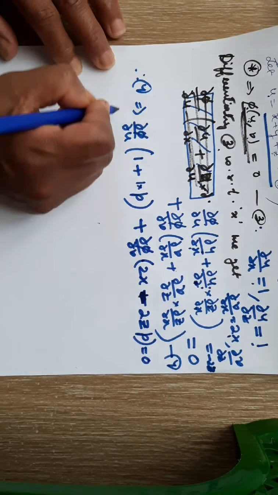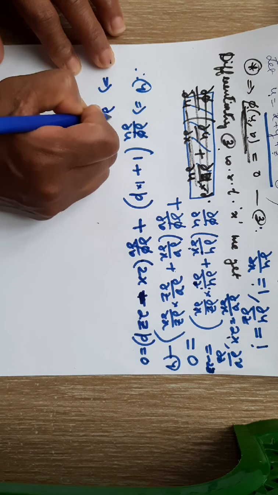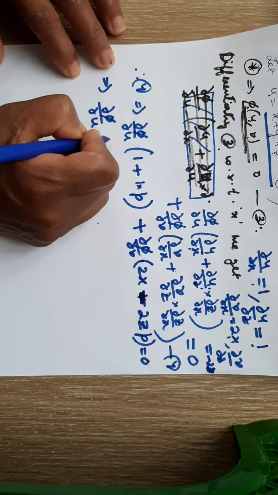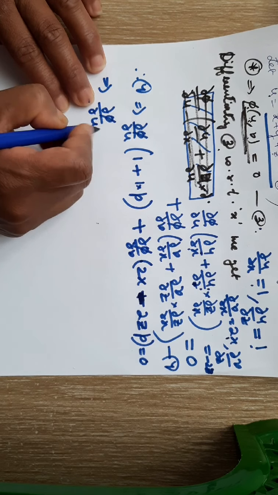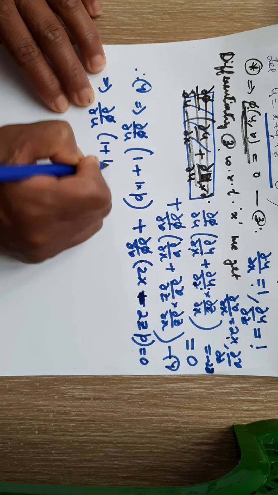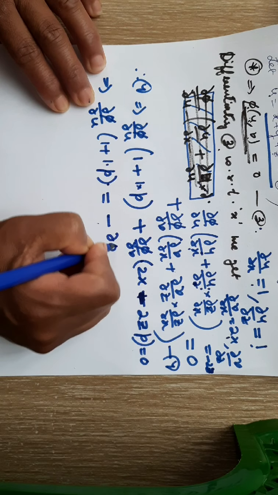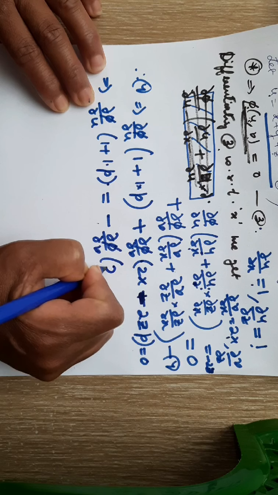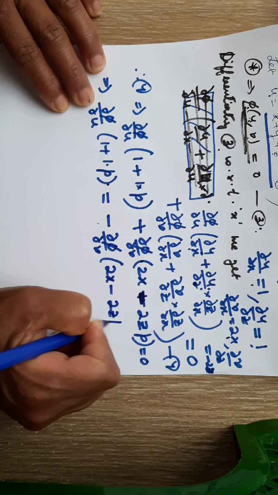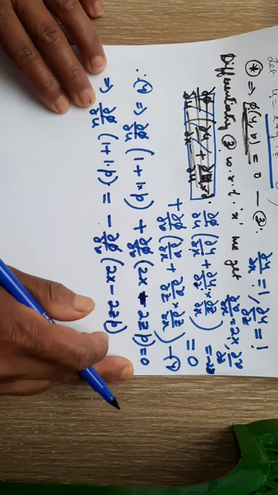So let us simplify this one. You'll get del phi del u into 1 plus 1 into p. This will be equal to minus del phi del v into 2x minus 2zp. Transfer this one to that side.